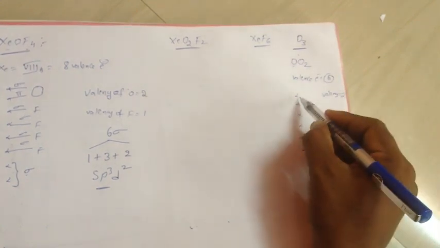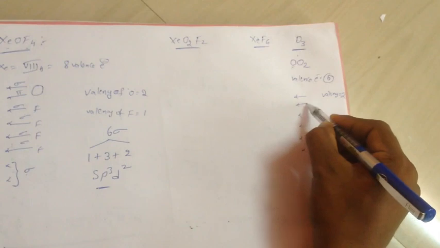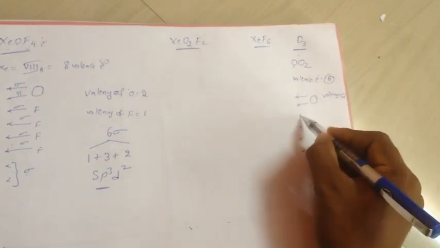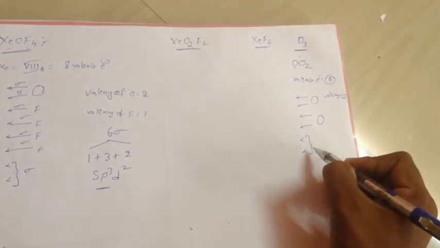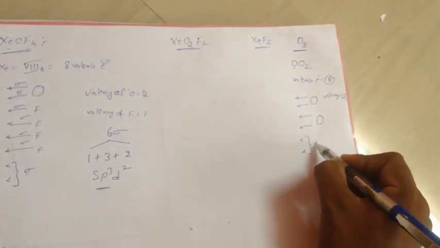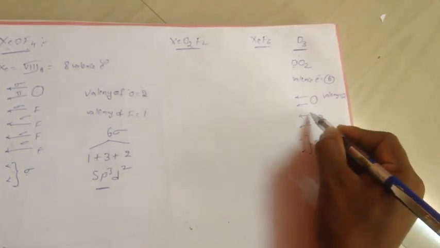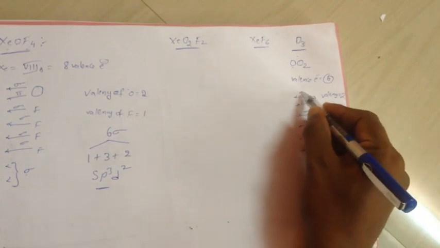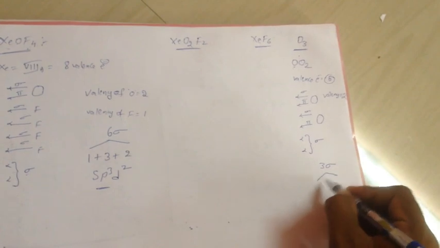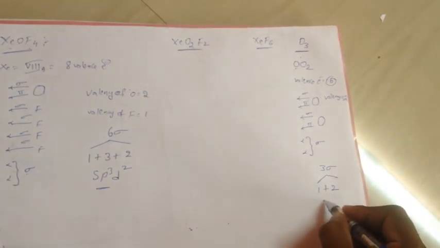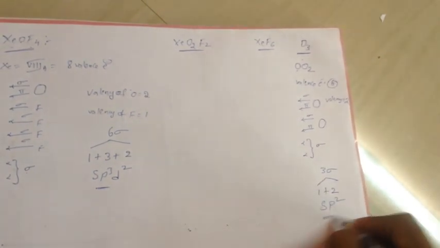So valency 2 means each oxygen forms a double bond, right? So 1, 2 and here 1 extra lone pair is present. So this is 1 sigma, here 1 pi and 1 sigma, here 1 pi and 1 sigma. So totally how many sigma bonds, students? There are 3 sigma bonds. 3 sigma bonds means 1 plus 2, that is sp2 hybridization.